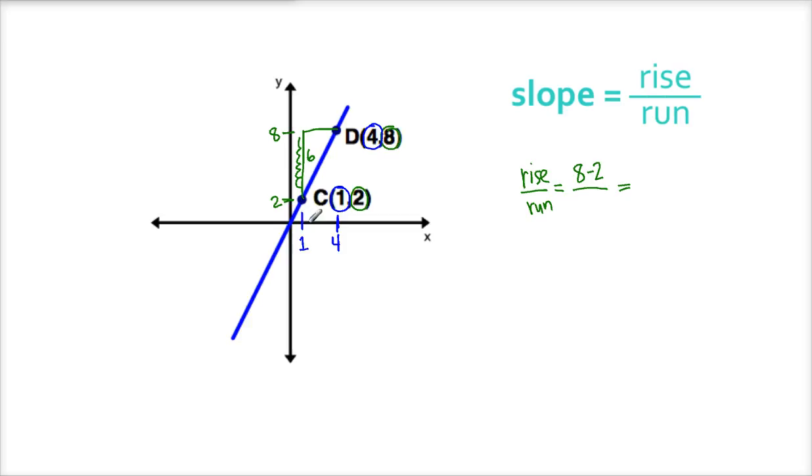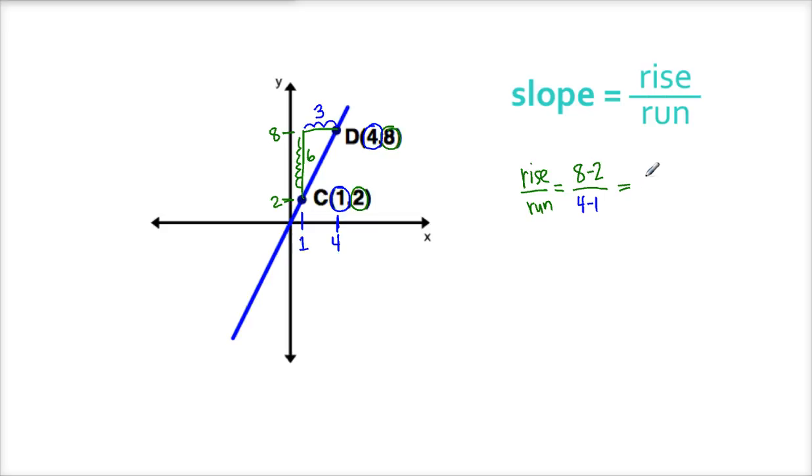So this length right here is how long this is. So to figure out this distance, I'm going to subtract 4 minus 1. And 4 minus 1 is 3.